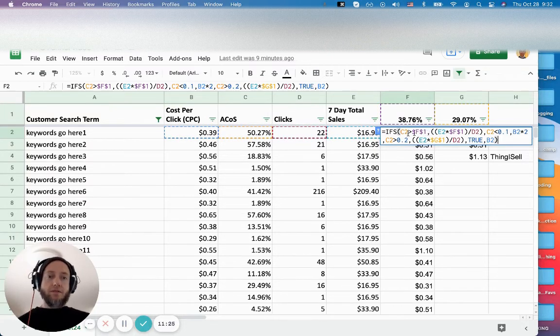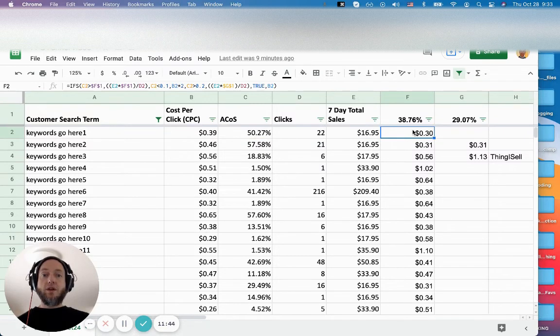And if it is, then it takes the E2, the 7-day total sales, multiplies it by the break-even ACoS, and then divides it by the number of clicks, okay? Which gives us what the cost per click needs to be if we want to have it at the break-even ACoS, okay?